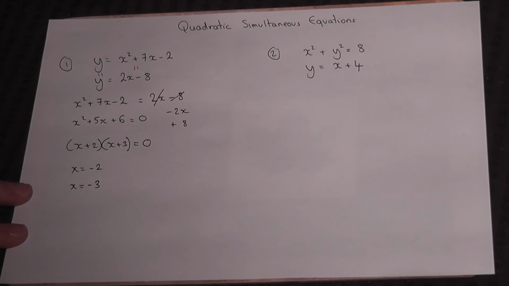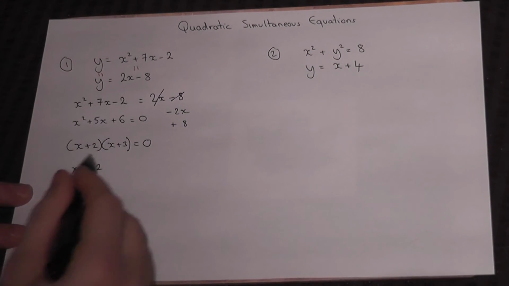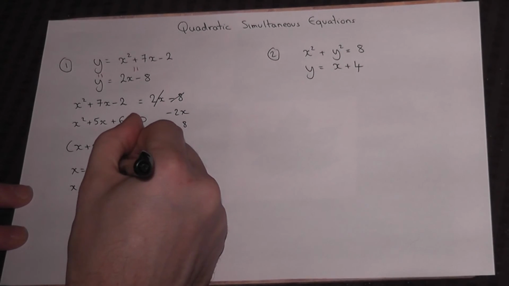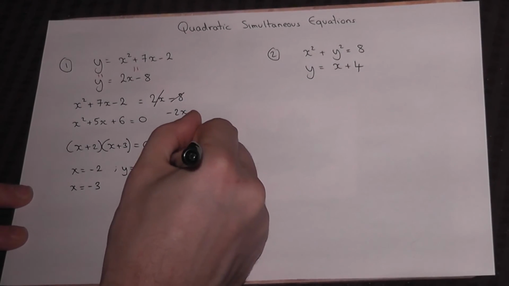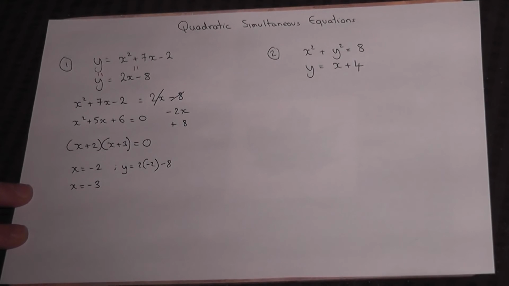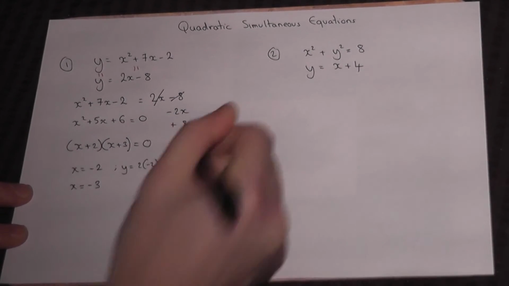Now we're almost finished, but there's a y value as well, and we know y equals 2x minus 8. So if x is minus 2, y must equal 2 lots of minus 2 minus 8. Well, 2 times minus 2 is minus 4. Take 8, minus 12.